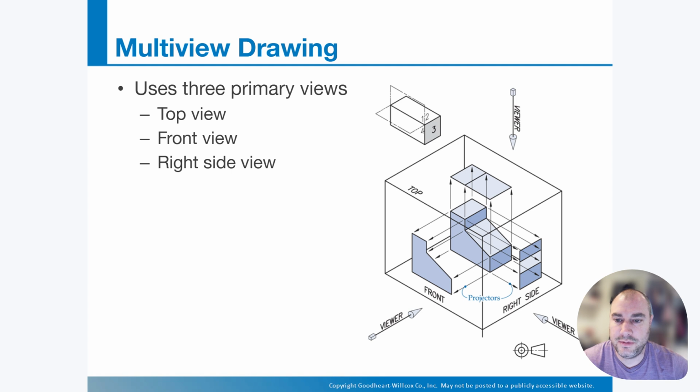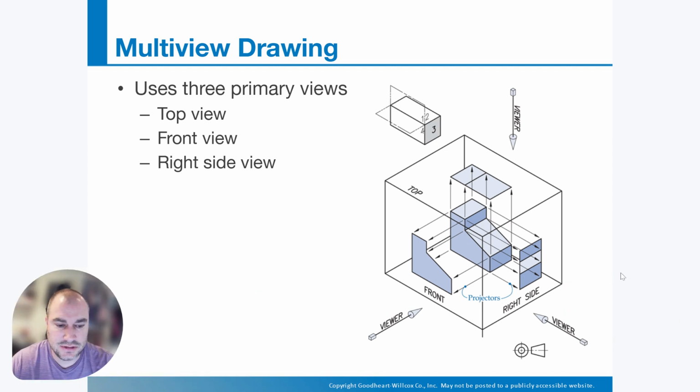Here we go. We have a multi-view drawing, right? It uses three primary views: the top view, the front view, and the right side view. If you look here, we can see these different views.